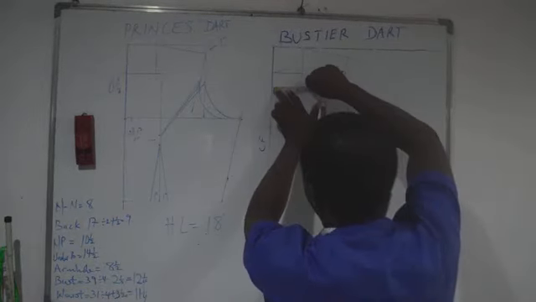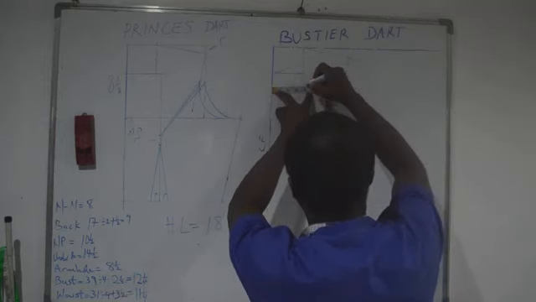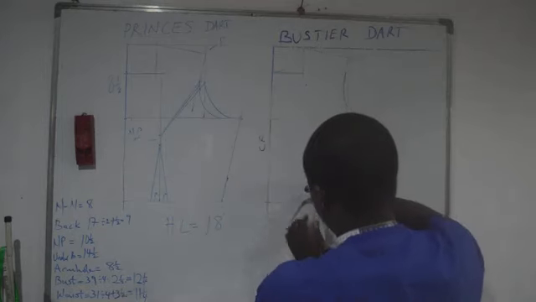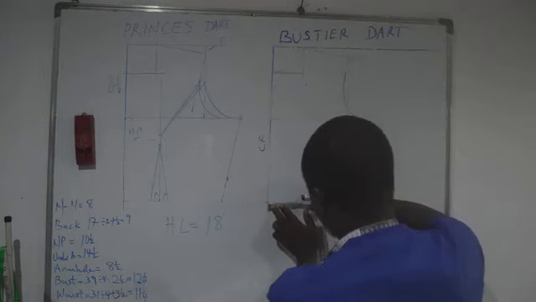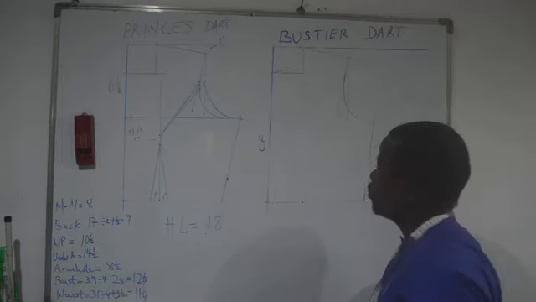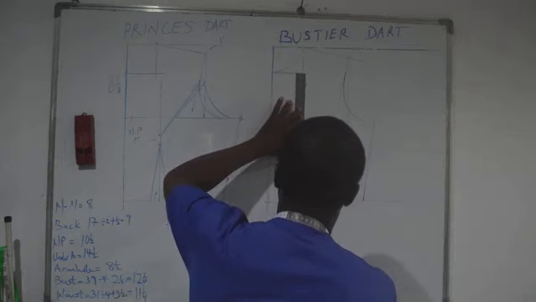The nipple to nipple is 8 inches divided by 2, 4 inches. Measure from the center front and draw the nipple to nipple line.